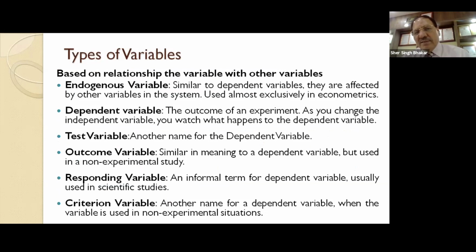The variable that is affected by the other variables is called an endogenous variable. So, dependent variable. And it is used only when you are using structural equation modeling or EViews. Dependent variable is the common term used.